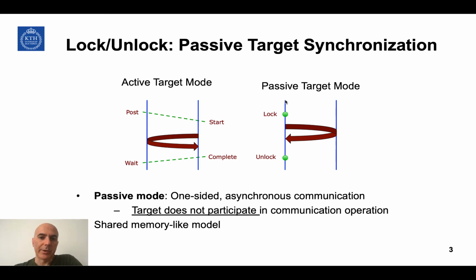The origin process is responsible for opening an epoch using the function MPI lock, and then closing the epoch using the MPI unlock function. This is much similar to the shared memory-like model, right? The basic two operations we are going to use are lock to start an epoch and unlock to close an epoch.